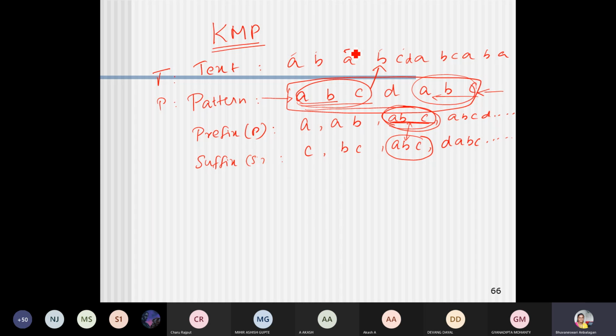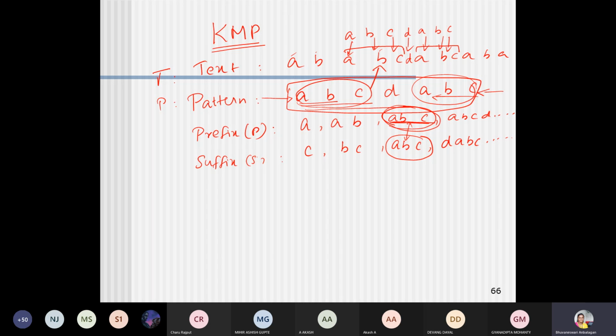I can find ABC here. Is there any other place where ABC can be found? Here I can find ABC. So it will straightaway place the pattern ABCDABC there and check whether it is matching. Yes, it matched. See how many steps we have reduced. This is the logic behind the KMP algorithm.